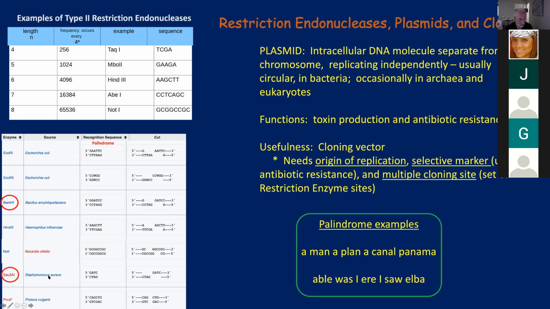I wanted very small fragments, so that's why I used a 4-cutter. You can see that its restriction site is GATC. If you look at BamHI, it has an overhang of GATC. So I made sticky ends on the genomic DNA, and I made the same sticky ends in the cloning vector, so it went together.